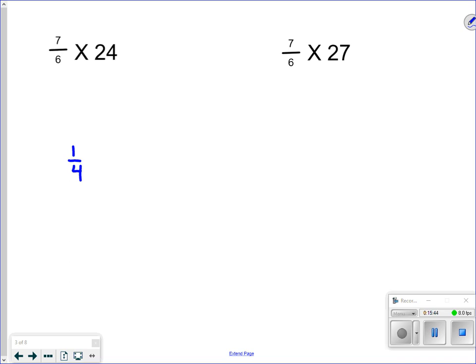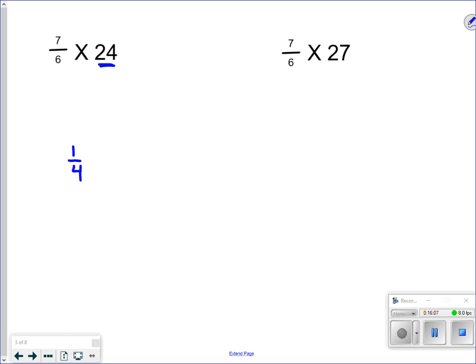If I do 1, I get that same number. If I did 6/6 of 24, I'm going to get 24. Well, now that I'm going bigger than 1, my answer is going to be larger than what I'm starting with.